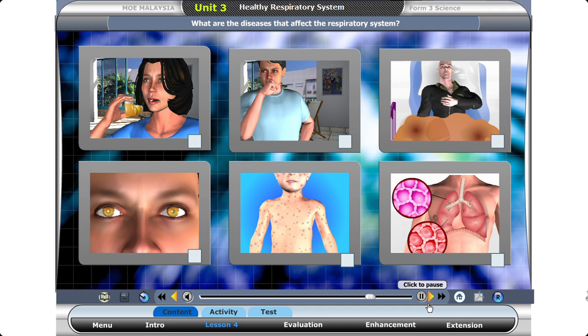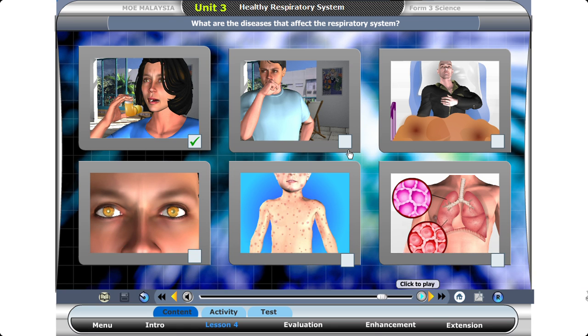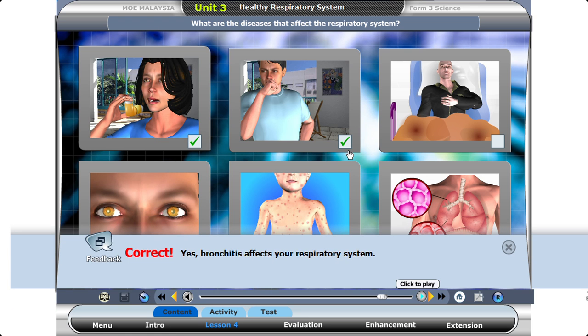There are other diseases that affect your respiratory system. Click on these diseases. Yes, asthma affects your respiratory system. Yes, bronchitis affects your respiratory system.